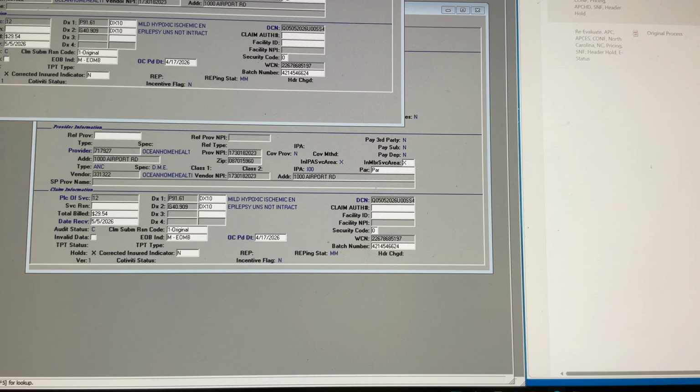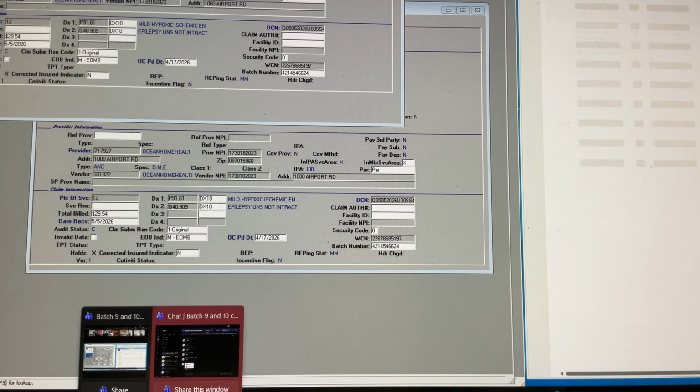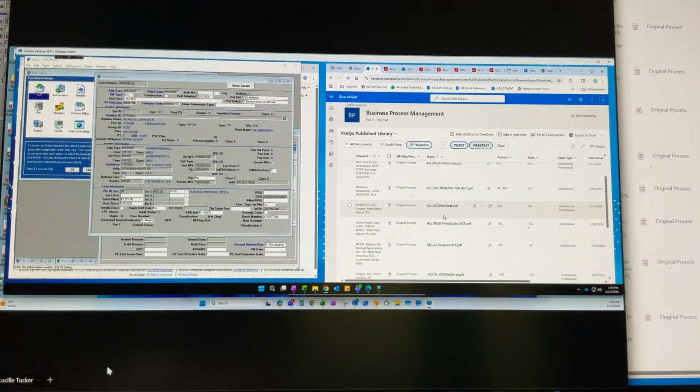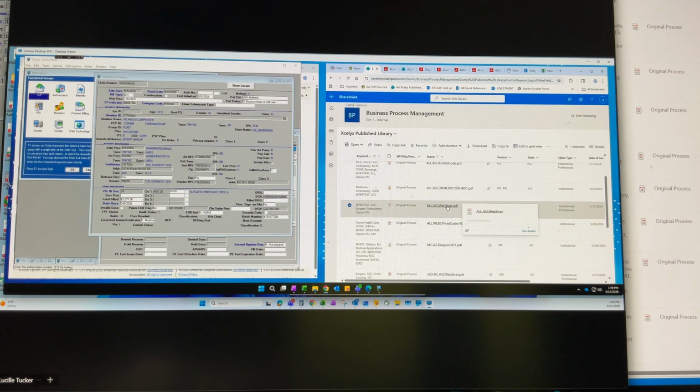This claim is specialty ASC Wbstrat. Now, please take note of this.